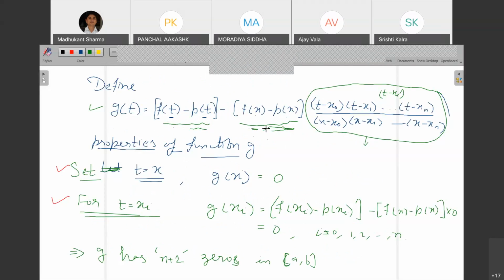The denominator is again a number, because x is fixed, x0, x1, x2, xn are numbers, and x is different from x0 to xn. The numerator is a polynomial of degree n plus 1, so it is again continuous. So g is continuous.